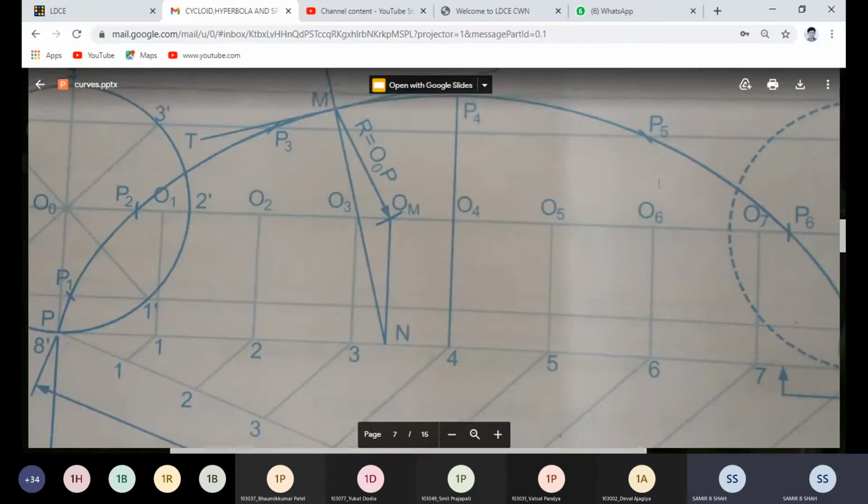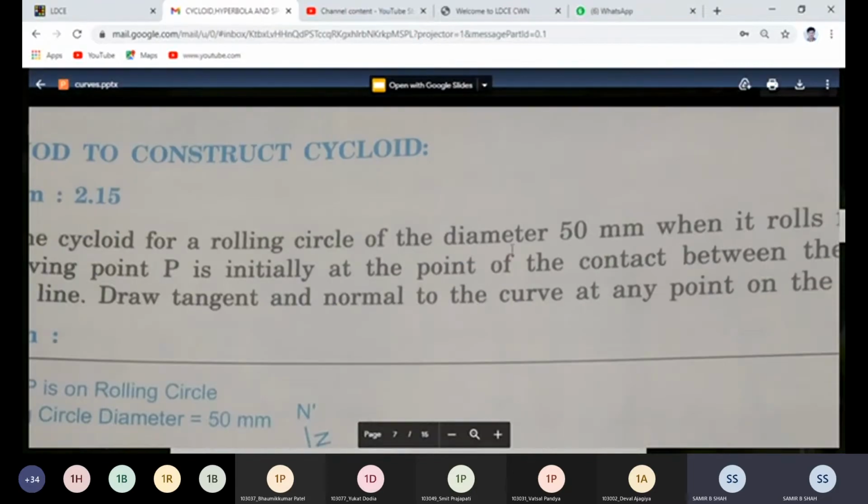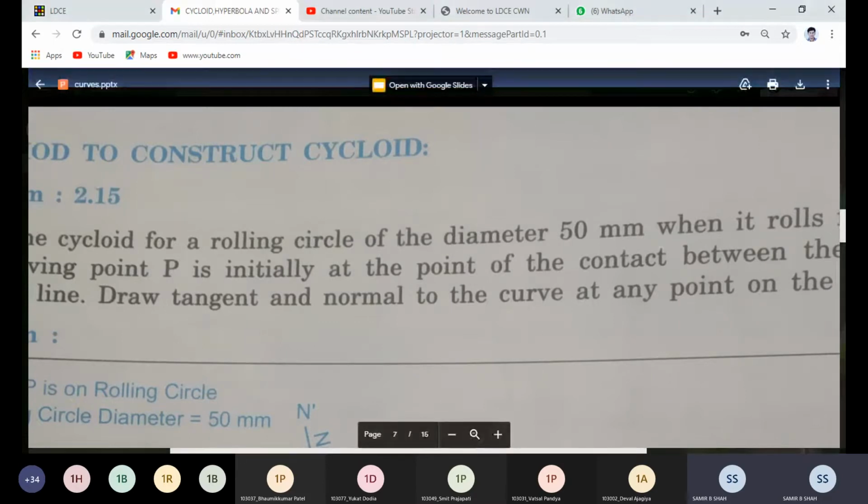Now we have to generate the tangent and normal. Very easy.